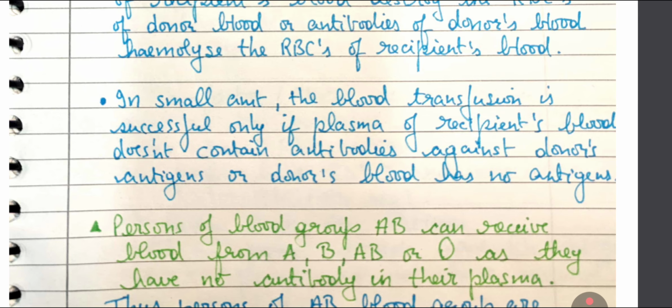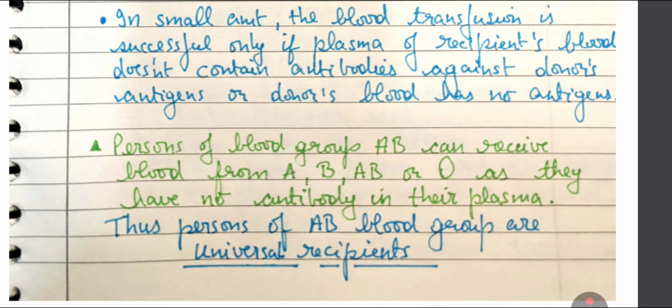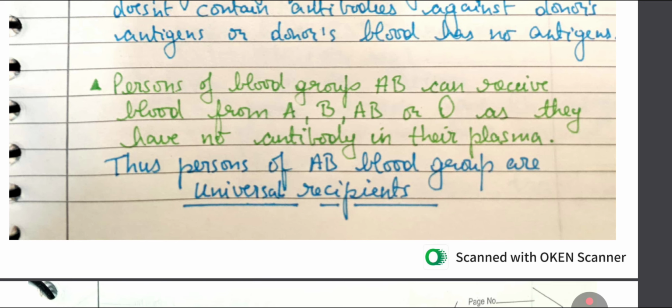In small amount, the blood transfusion is successful only if the plasma of recipient's blood does not contain antibodies against donor's antigens or donor's blood has no antigens. Okay, so then there will be no reaction. Persons of blood group AB can receive blood from blood group B, AB or O as they have no antibody in their plasma.